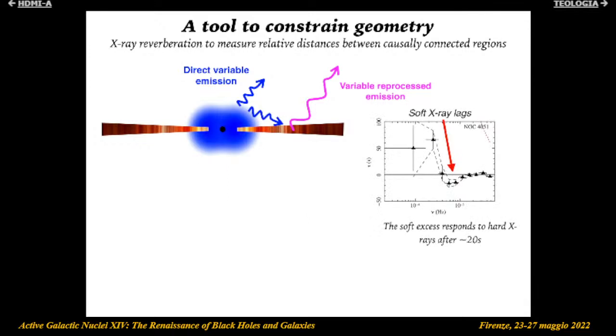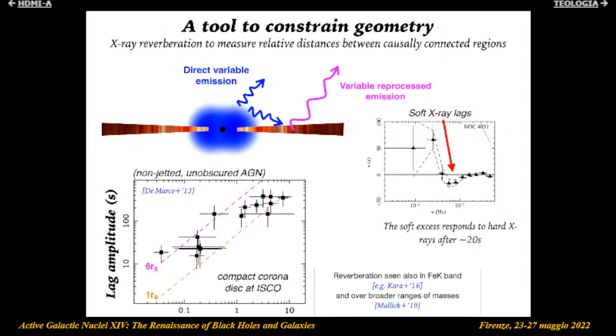So in the X-ray band, these reprocessed emission delays, X-ray reverberation lags, are seen in the highest frequency sampled, and are seen as negative delays, negative lags in these plots. In this case, the component that is responding to primary continuum variation is the soft excess, and it is doing that with a time delay of about 20 seconds. This kind of lags have been seen in several sources, in several AGN.